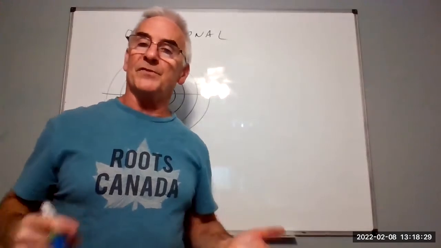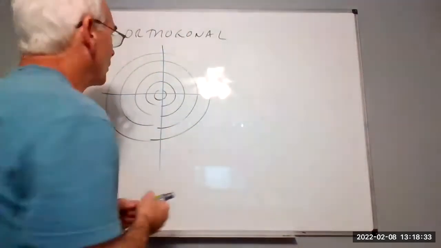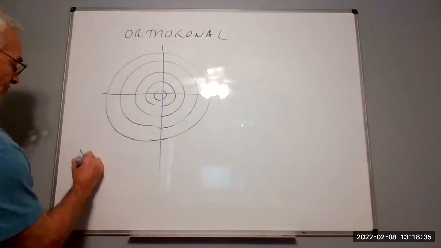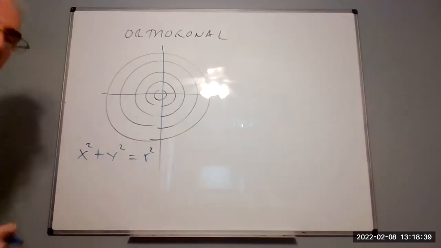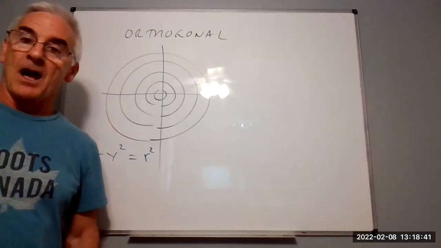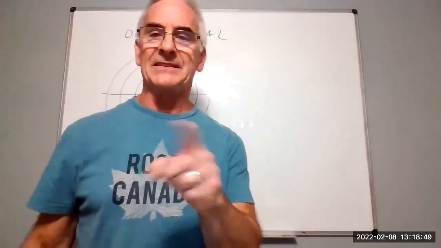So what we want to do is figure out how do I do this? Well, we agree that these are circles centered at the origin. So they probably have this equation. I would like to know a set of curves that are orthogonal to this set of curves. Now I said when it's curves, we're talking about tangent lines.